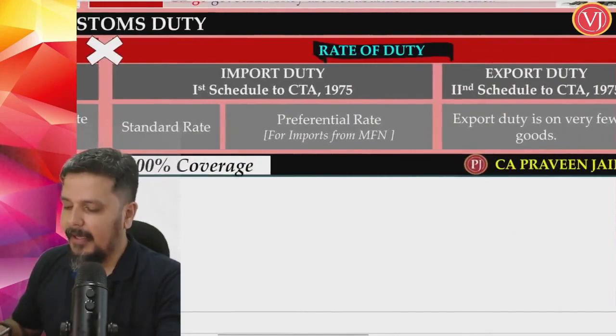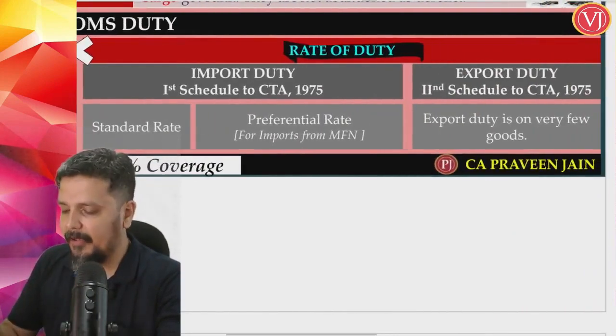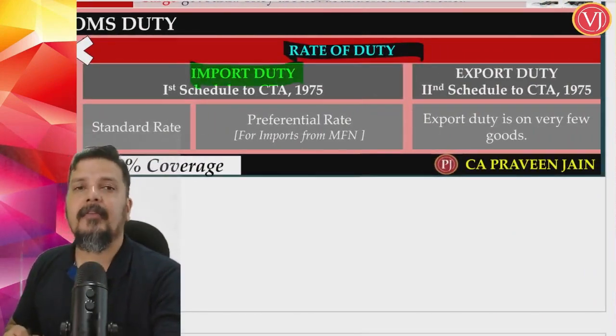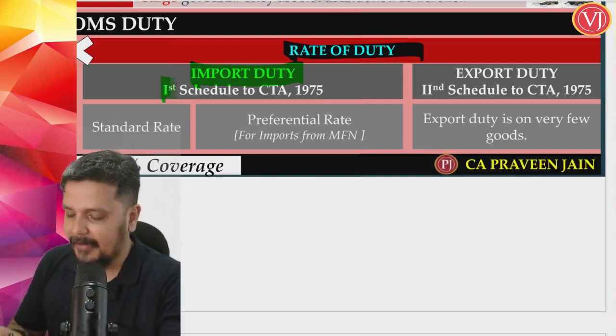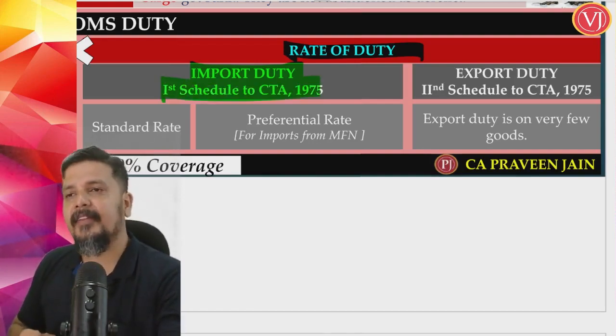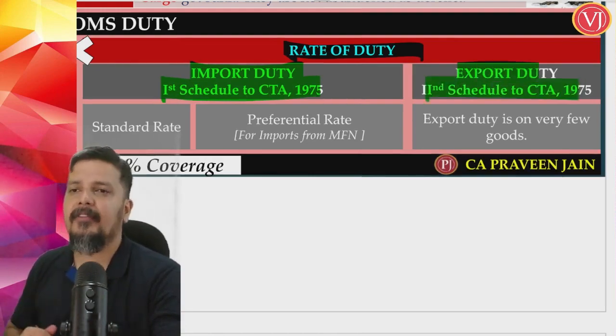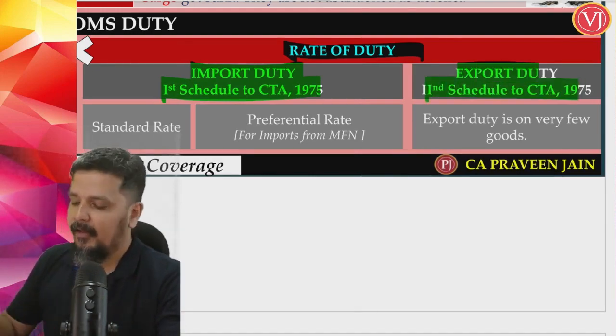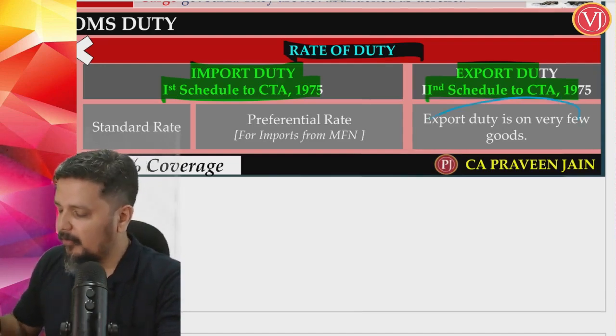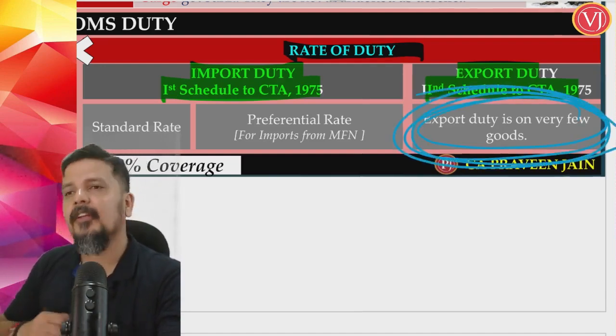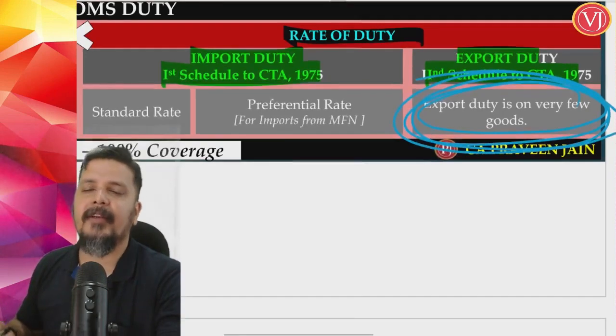Rate of duty. If it is import, there will be import duty, for which you have to refer to the first schedule of the Customs Tariff Act 1975. If it is export, you may have export duty, very rare, but you may have, in the second schedule of the Customs Tariff Act. The second schedule will have very few goods, because export duties are on very few goods.